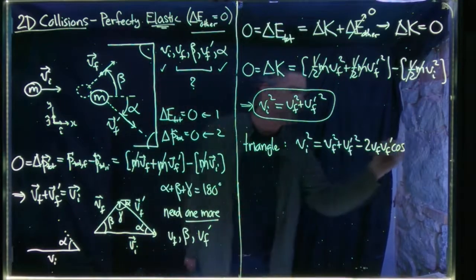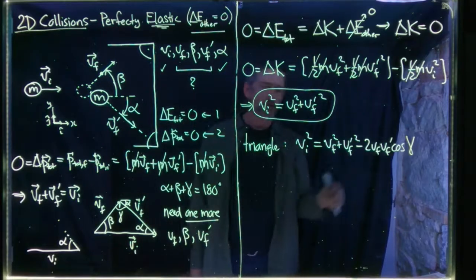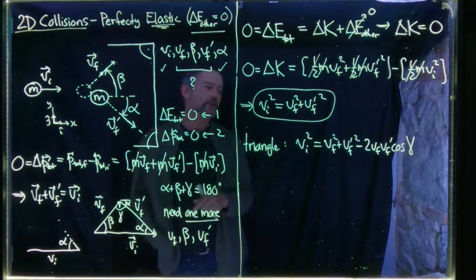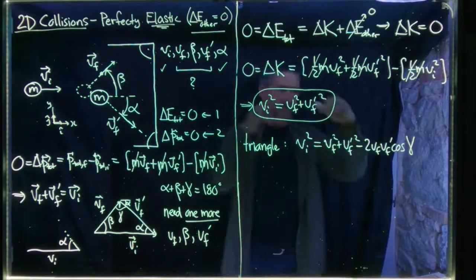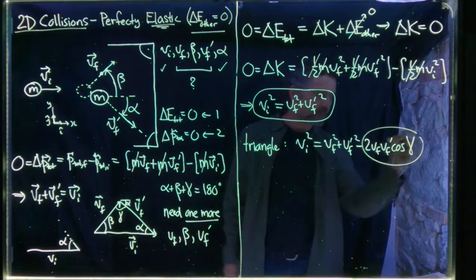That's gamma. This is true in general about a triangle. This is what conservation of energy tells us. And so we match all the terms and say it must be that this term is equal to 0.